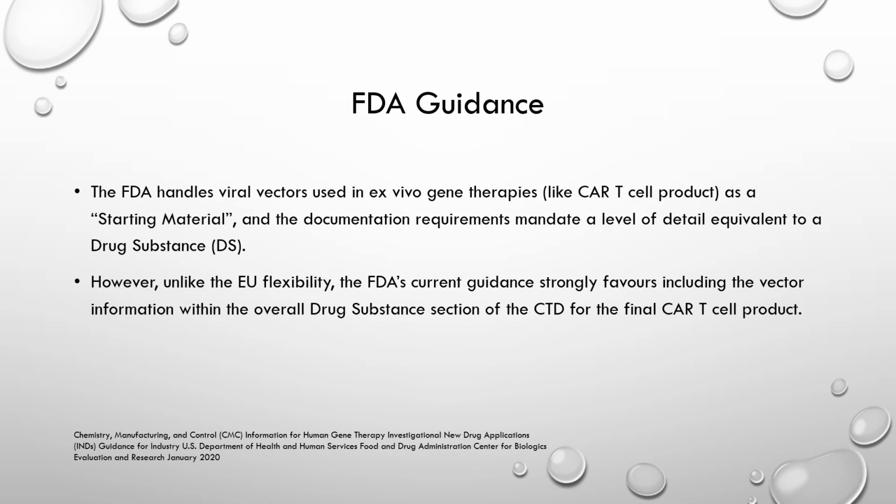So they haven't got that flexibility that the EU has, where you can put it in the 3.2.S.2.3 control of materials section, as a drug substance CTD section. But the FDA mandate a level of detail required equivalent to the drug substance, but they favor the integration of the material in the overall drug substance section of the CTD dossier.